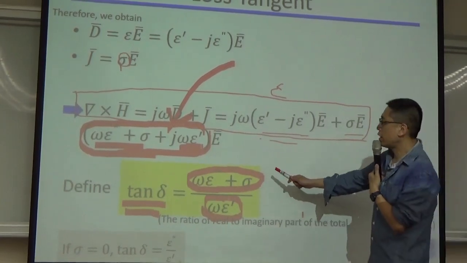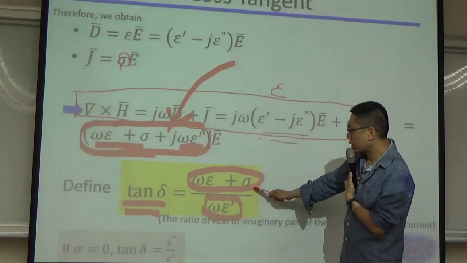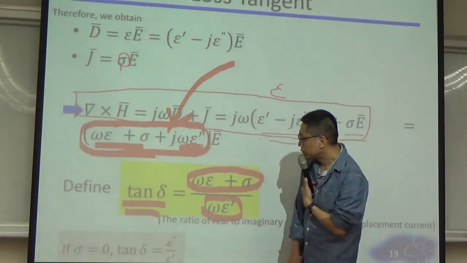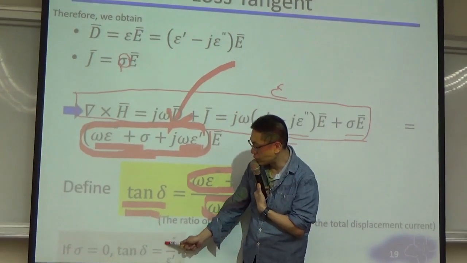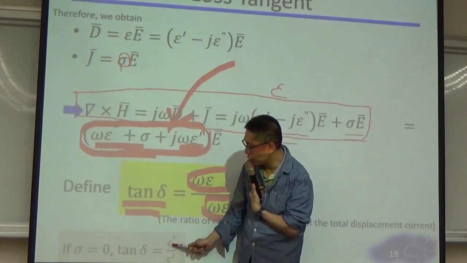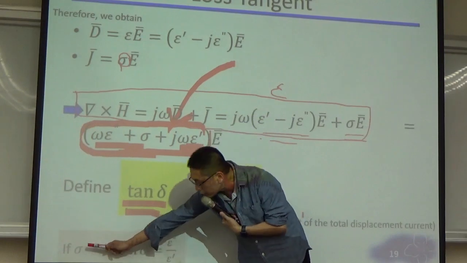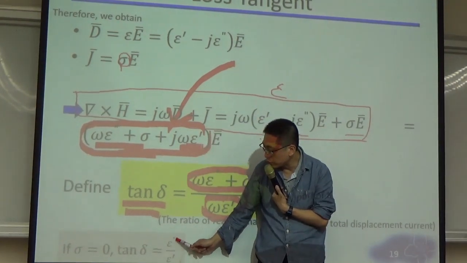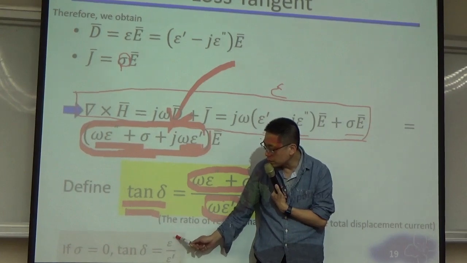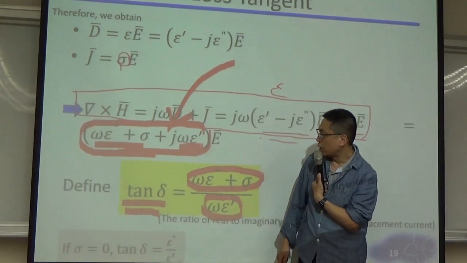You can see that even if your conductivity is 0, there may still be some terms related to loss. The ratio between these two is not 0.